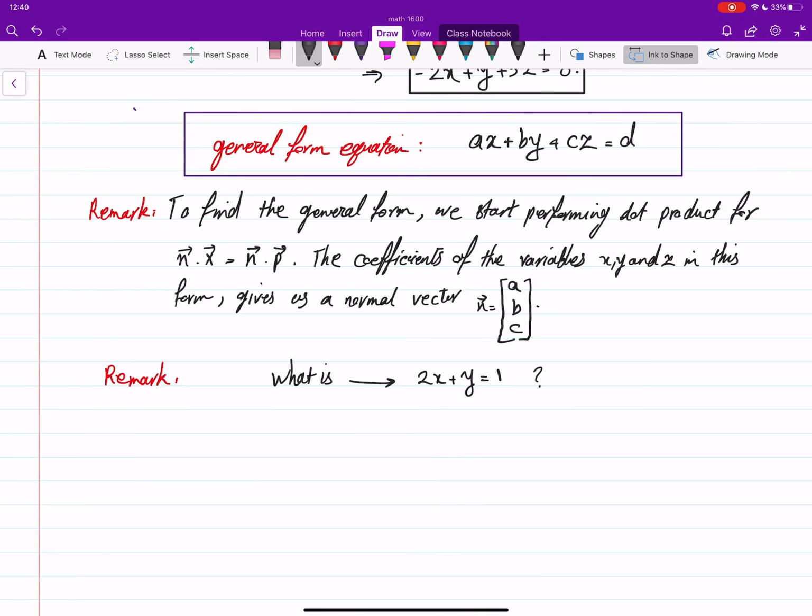If someone asks you like this without any more information, you cannot answer. There is no way to know if it is a line or a plane.